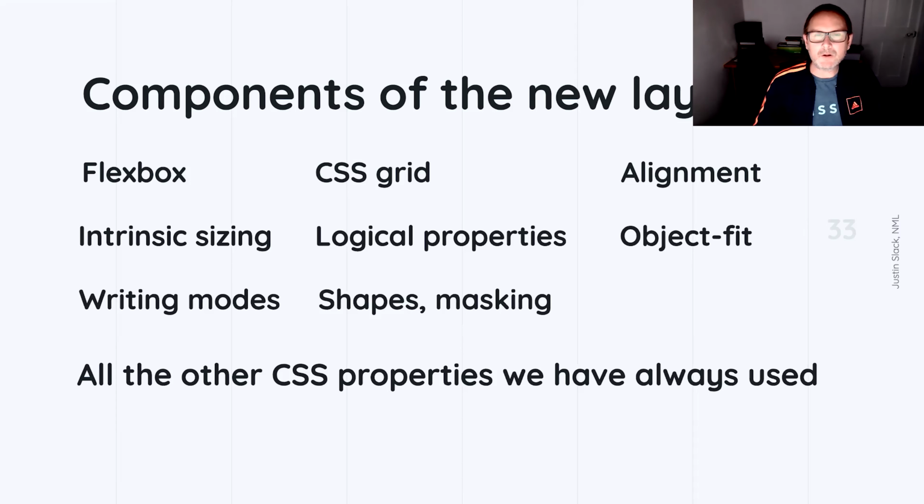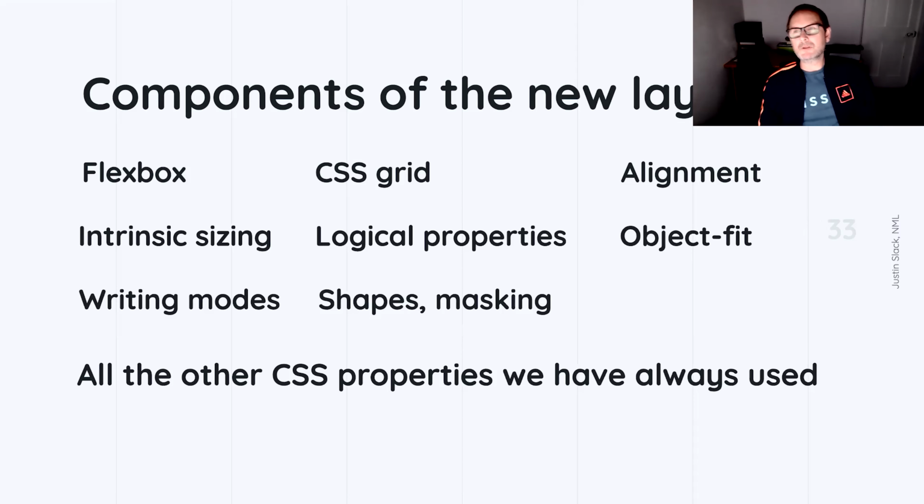And the other thing that often I see people getting confused about, I'm not sure if that's the case yet with this audience, is that grid replaces Flexbox. This is not the case. It's not one or the other. They are complementary to each other.